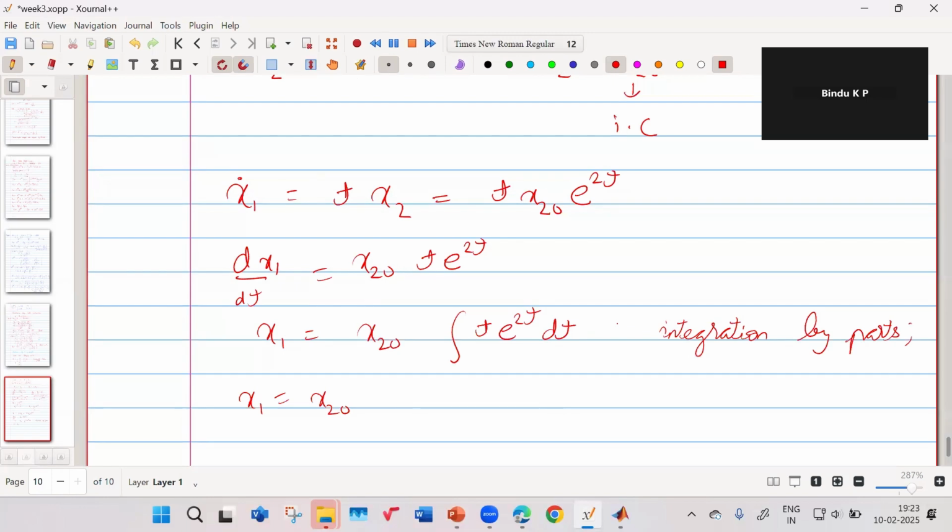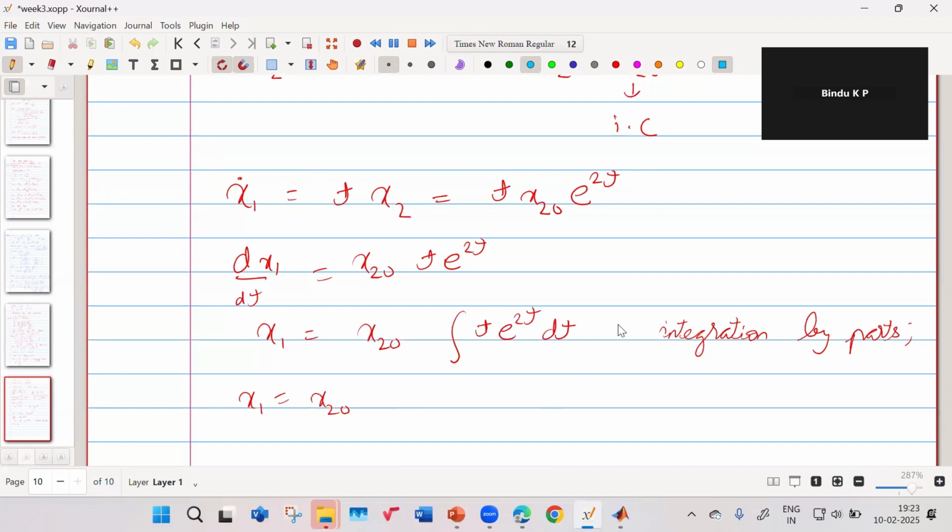Bindu, do you know integration by parts? Because I don't remember it. I've done it long ago. Sir, I too forgot the formula. Sir, can we use the Laplace transform method? You cannot use Laplace transform here because it is a multiplication.